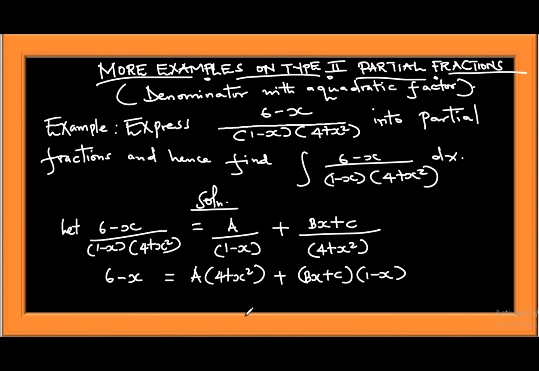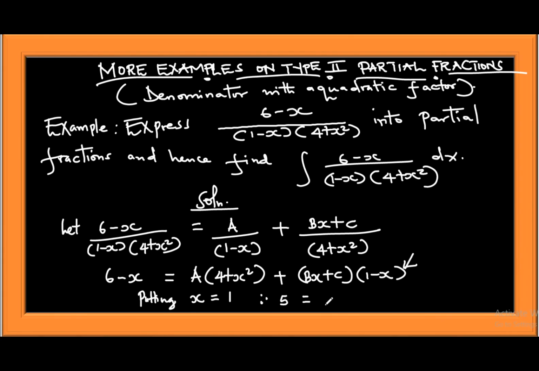Now we can begin using the cover-up method to some extent by looking at this factor here. When we equate that factor to 0, the value of x becomes 1. So putting the value of x as 1, on the left-hand side it will be 6 minus 1, which gives us 5.